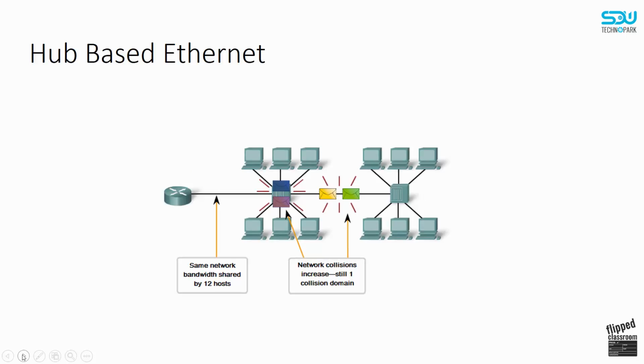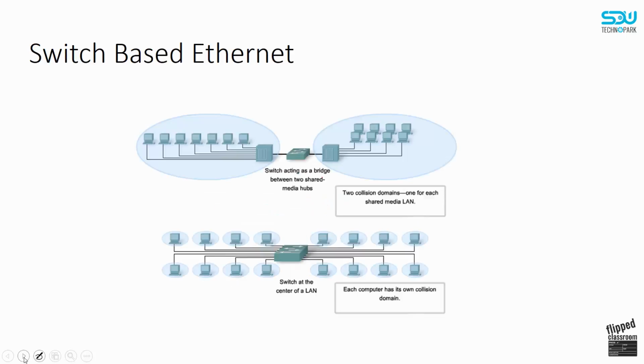Alright, hub-based Ethernet provides a lot of collisions in the network, and switch-based Ethernet provides collision-less communication. Each port of the switch is called a collision domain. As you see here, a switch port is connecting to the hub, and the hub connects to end devices.